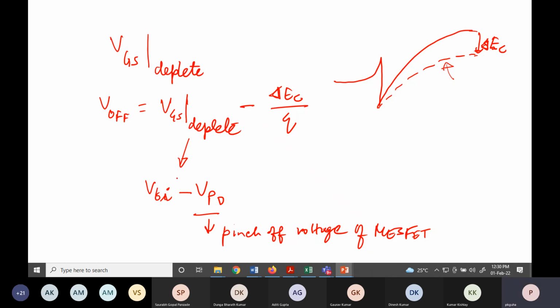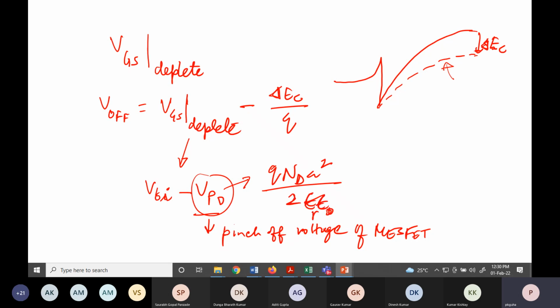So this V off is VBI minus VPO. VGS deplete is VBI minus VPO, and VPO is basically the pinch off voltage of the MESFET. It is possible to show that this VPO is q N_D a squared over 2 epsilon_r epsilon_naught.